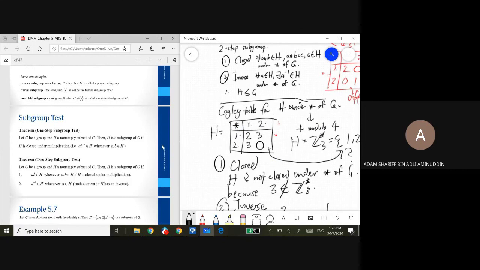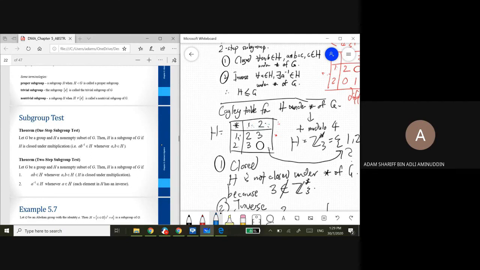Alright, in this case, ada tak identity? 1 binary operation with what? On the top here, you get back 1.